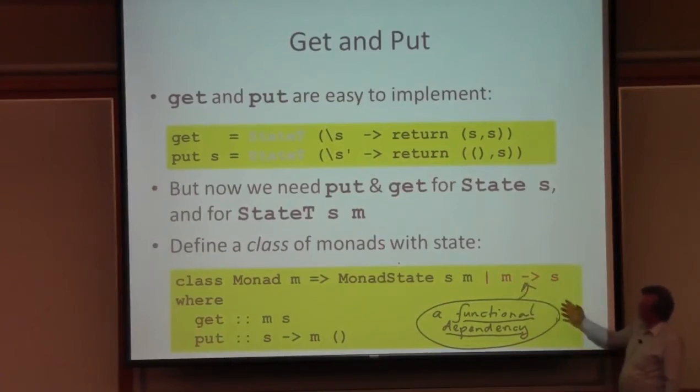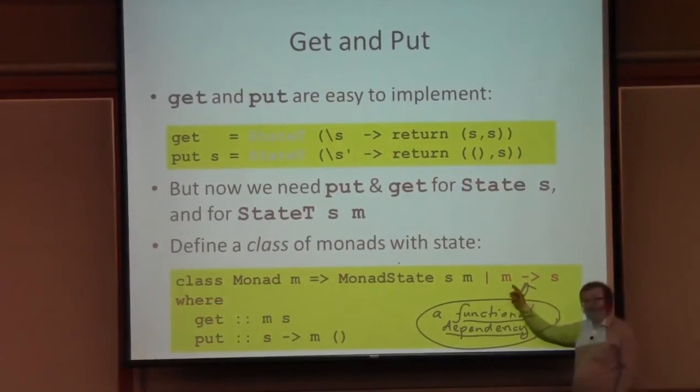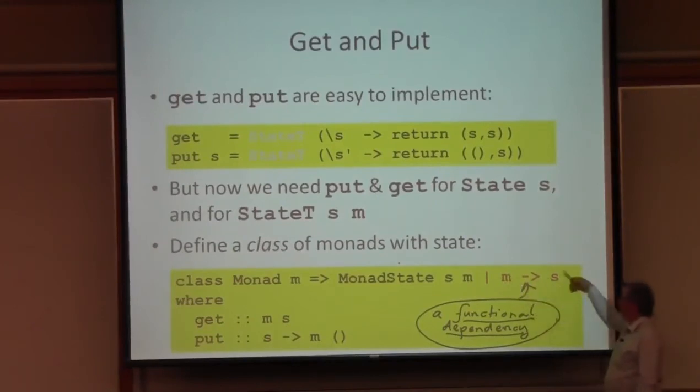So the type checker will then only allow us to write one instance per monad type, and when it sees a use of a MonadState, and it sees that there is an instance that says the monad has a particular type, then it will just assume that that is the type of the state.